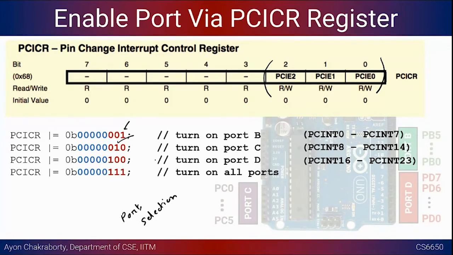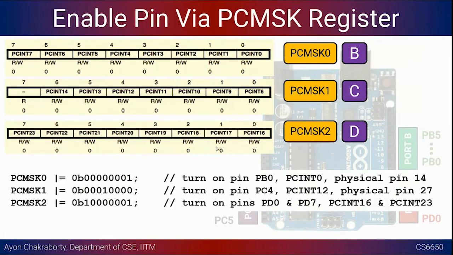So it is very similar to selecting a certain port, whether a particular port will be used or not, and within that port we had to specify the direction and so on. Once you select a certain port, the next task is to select a pin. Within all these ports we have a set of pins and we have to select the pin. So it's the same thing.